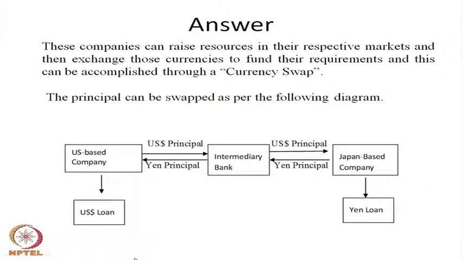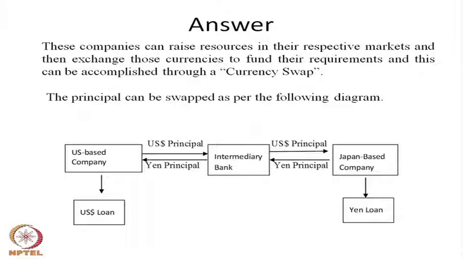How will the process take place? The process may be in the form of two transactions. One transaction is principal transaction, another transaction is interest payment transaction. So, as I mentioned in the lecture, in a swap transaction three different phases take place.